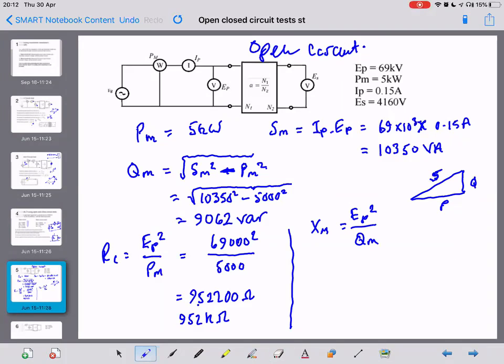That is 69,000 squared over 9,062, which is 525,380 ohms, 525 kilohms.